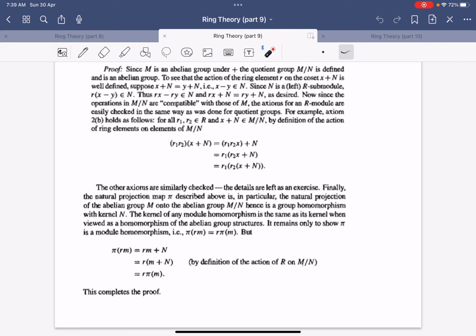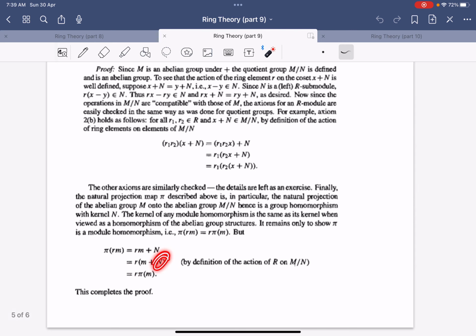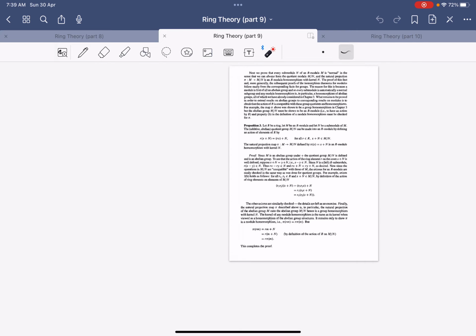As for the projection map, you can again check that it is a module homomorphism, because pi of rm equals rm plus N, and rm plus N is just r times (m plus N), because this r is in R, and m plus N is just pi of m, so we're done. And this shows that it's a module homomorphism.